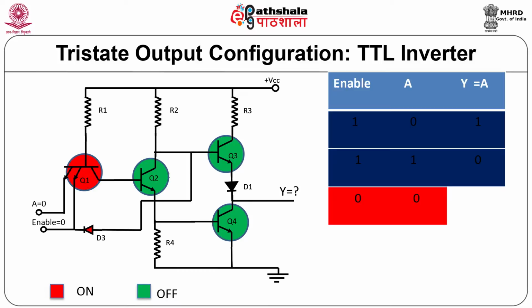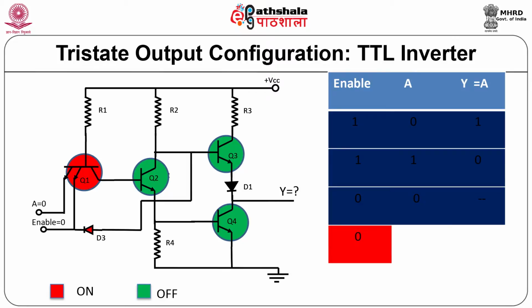So, we cannot determine the actual output value for Y. Similar is the case when we consider the input as logic 1. If enable is logic 0, then both transistors Q3 and Q4 will be off, and hence you cannot determine the output, and hence we say that the output is in the high impedance state.